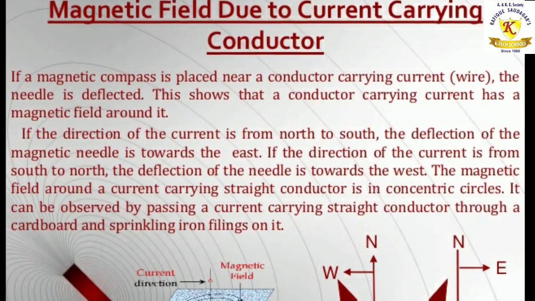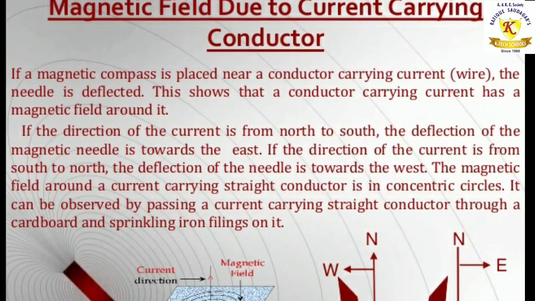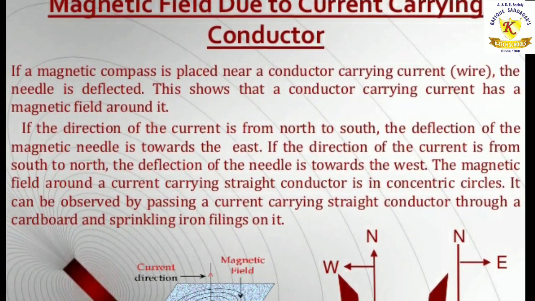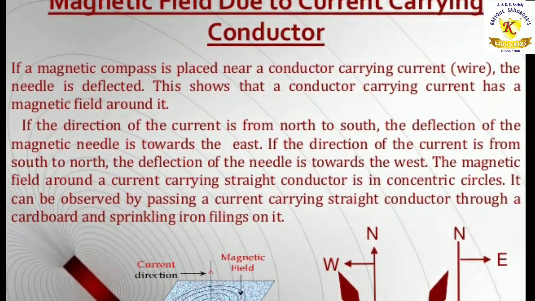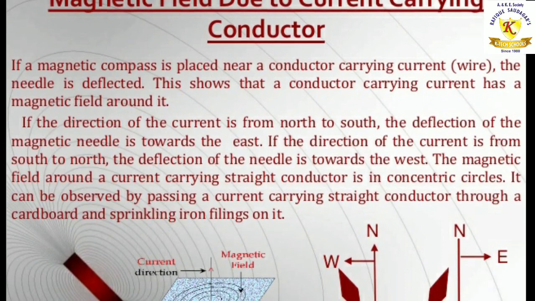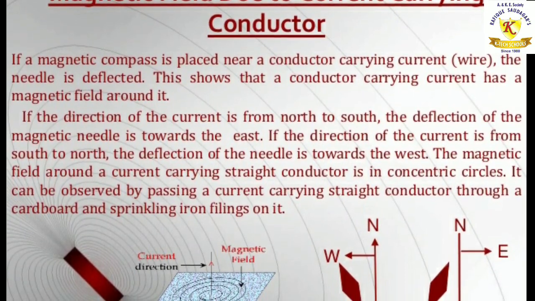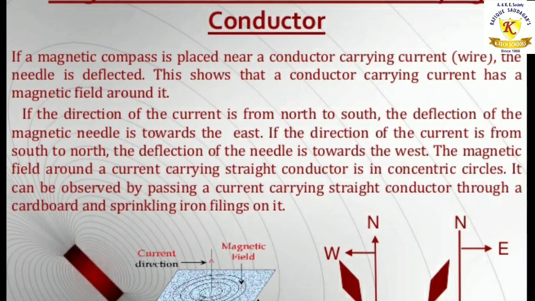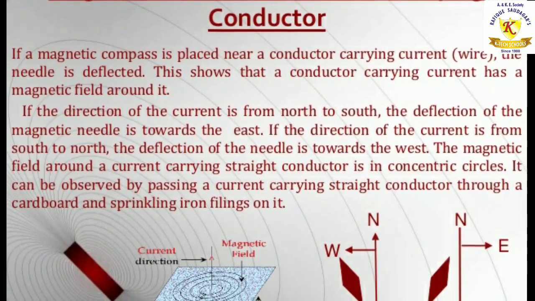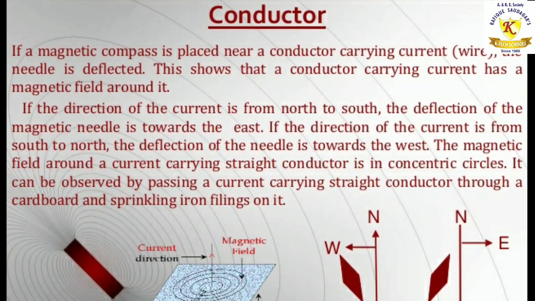Magnetic field due to current carrying conductor. If a magnetic compass is placed near a conductor carrying current, the needle is deflected. This shows that a conductor carrying current has a magnetic field around it.